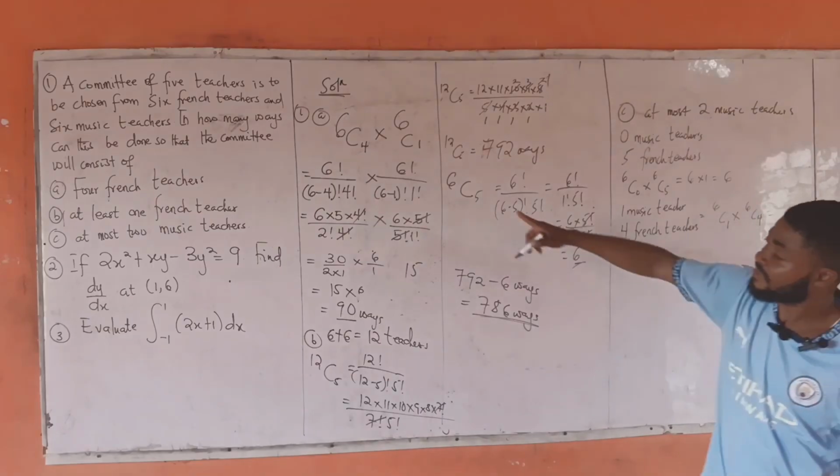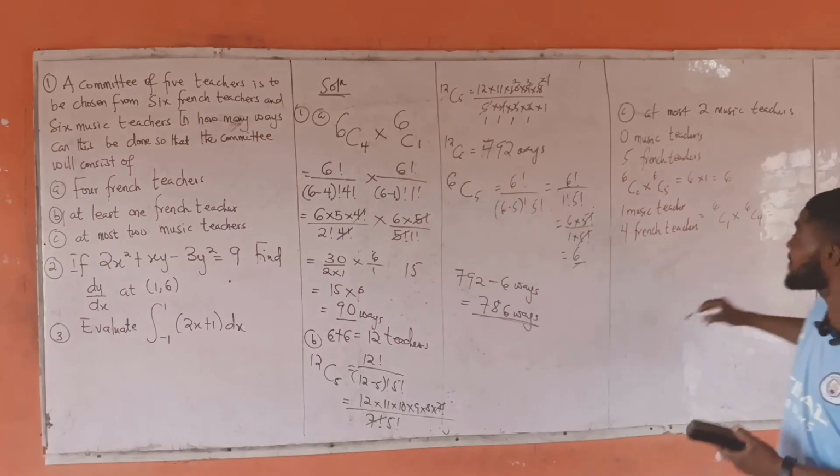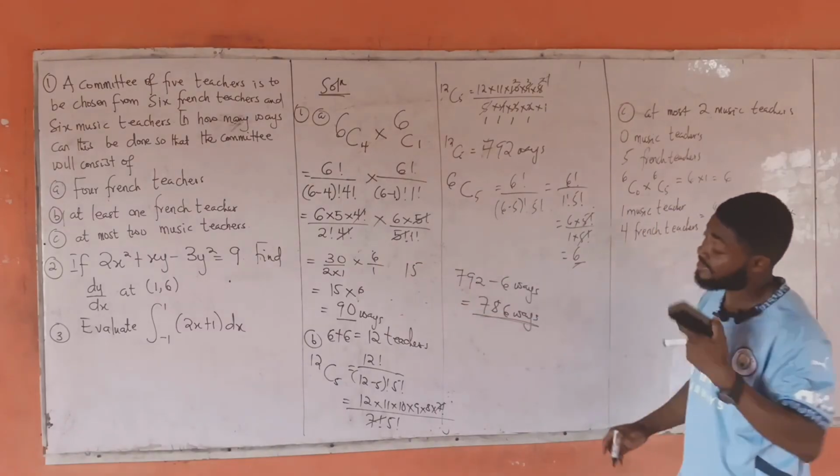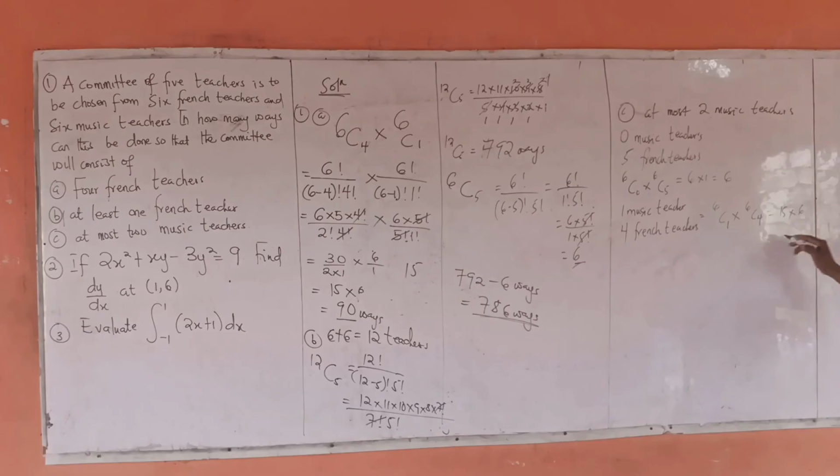We know 6 combination 4 from this side as 15. And then we also know 6 combination 1 as 6. This is going to give us 90 ways as well.